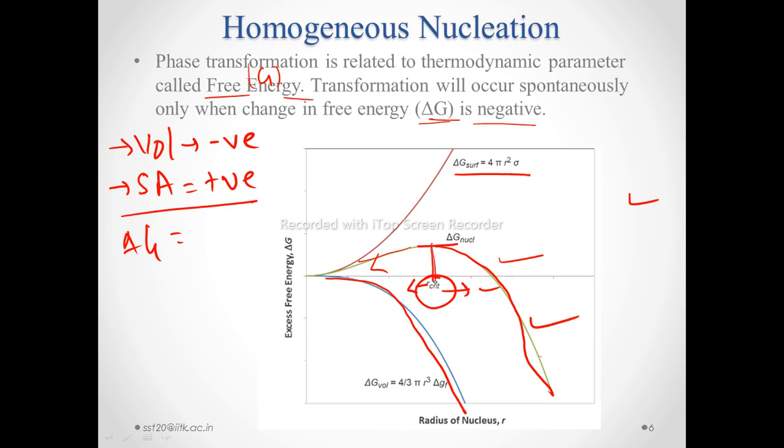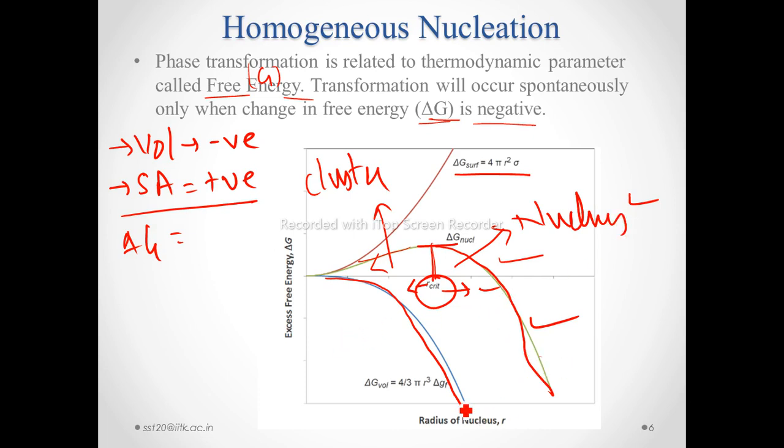If the radius of the nucleus is less than the critical radius, then this is called a cluster. If the radius of the nucleus is greater than the critical radius, then this is called a stable nucleus.